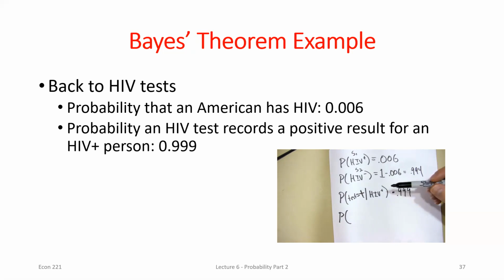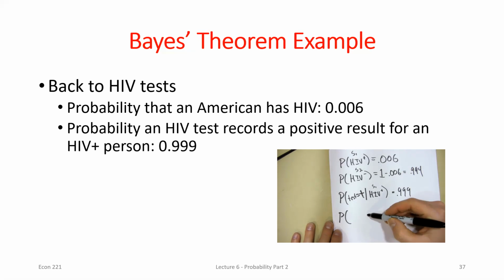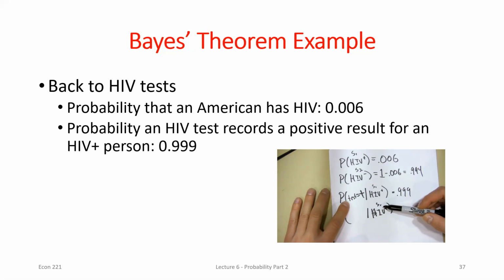So this is where I said, if we're conditioning on the same state of nature, so remember this is S1, HIV positive, S1 I was going to write up here, right? So given that the person has HIV, the probability they get a positive test result is 0.999.